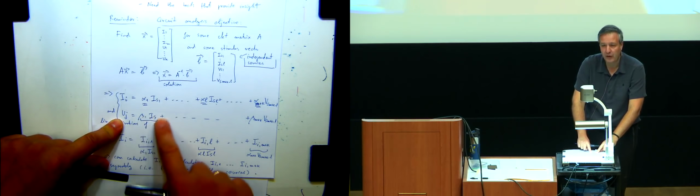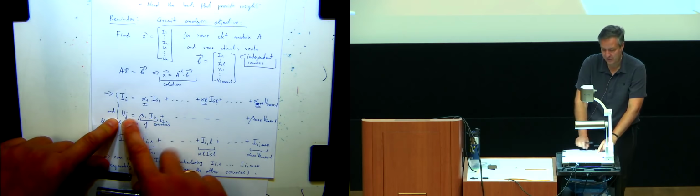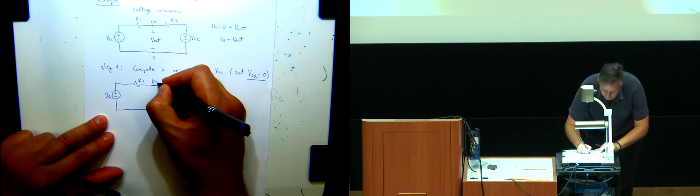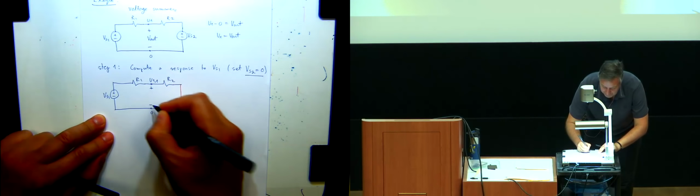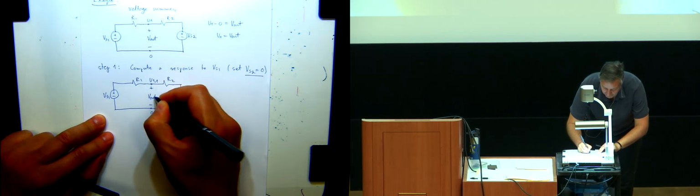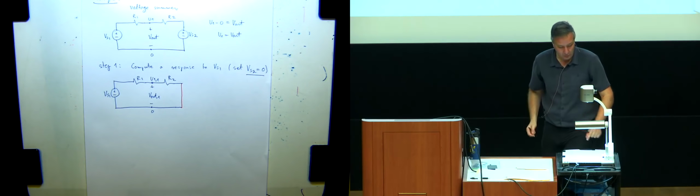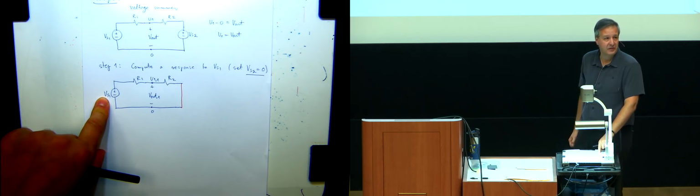I'm only computing the response to one of the sources, so that's one of the components of the final value. Correspondingly, this output I'm going to label Vout,1, because that's only the portion that corresponds to source VS1. Does that make sense?